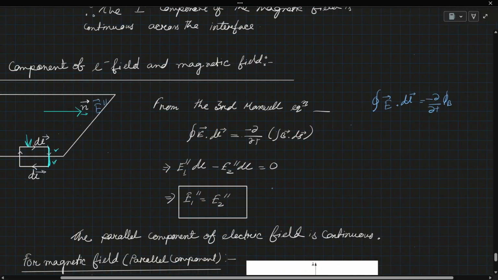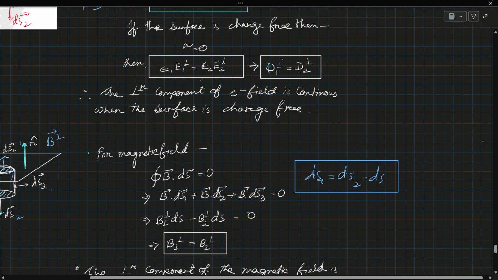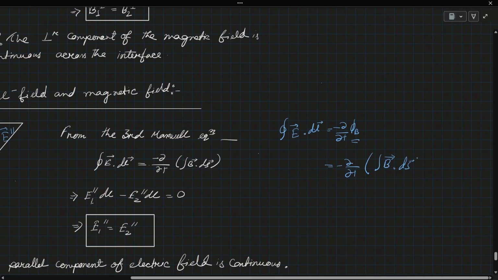Here I can write Φ_B as −dΦ/dt. Φ_B can be written as the integration of B·dS, right? So I am using this here.